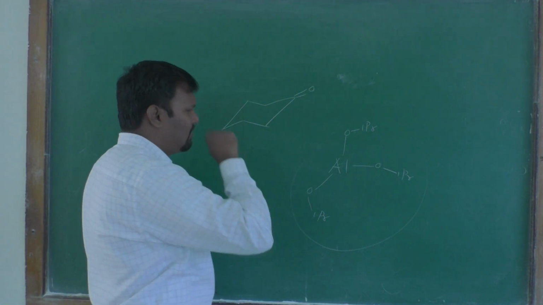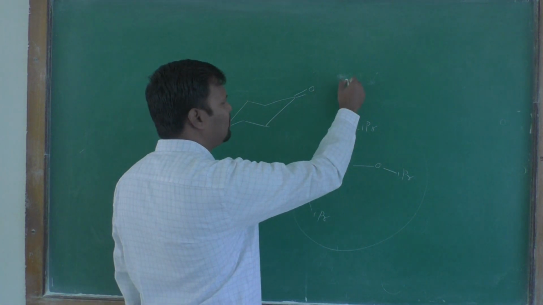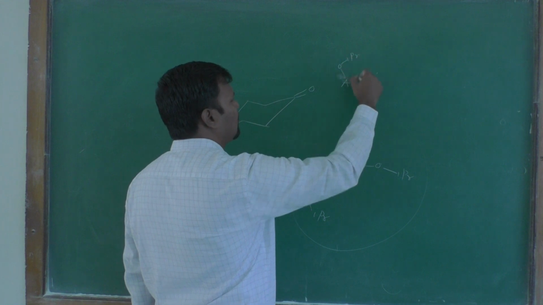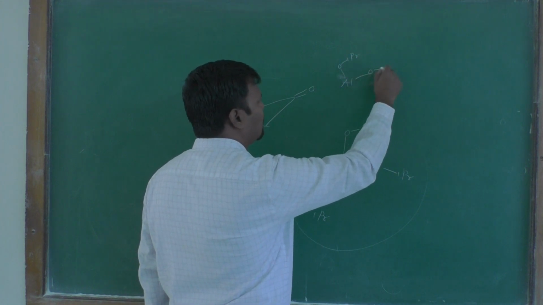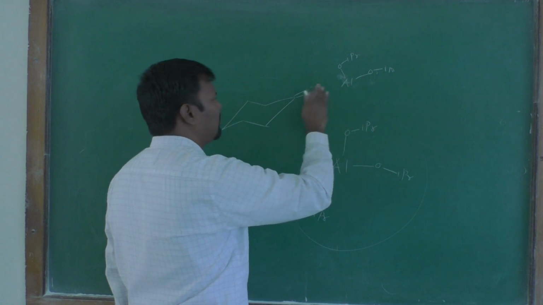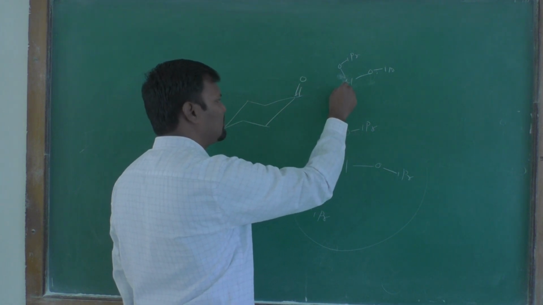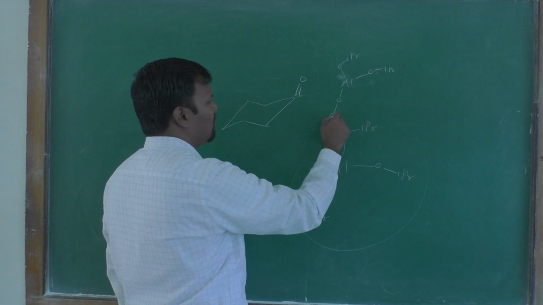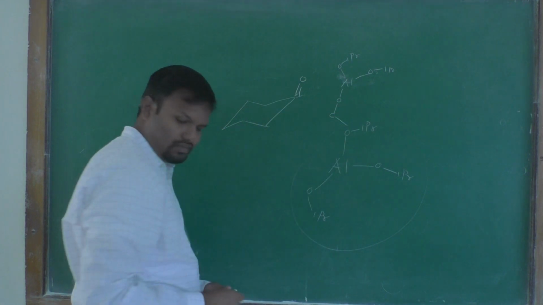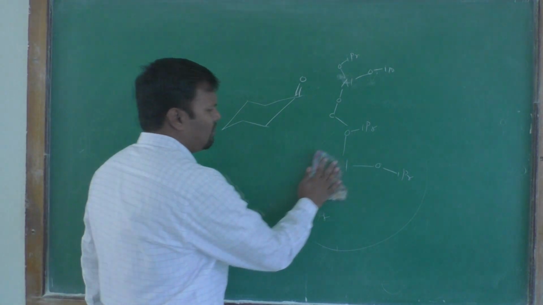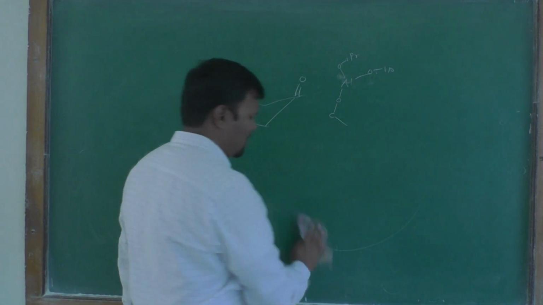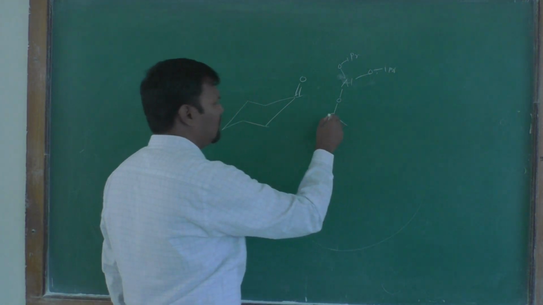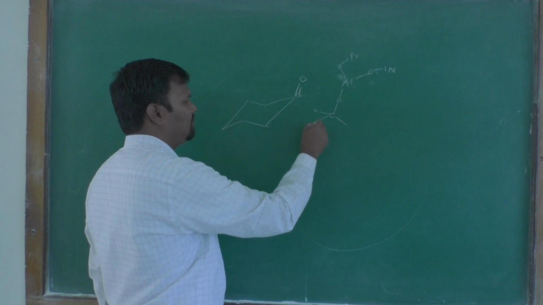The equatorial side is the less hindered side, therefore the catalyst will appear from the less hindered side. The isopropyl group is there, and we will show this group like that.